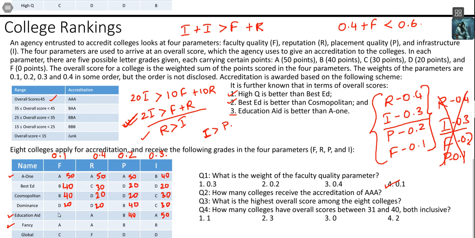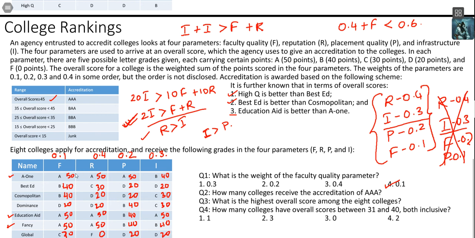This is 30. This is 50, this is 50, then this is 50, 50, 40 and 40. Here you have 30. The only F in the running, I think Global has got the only reputation is 0. Maybe they have done something terrible. You have 20, you have 20 and you have 20.